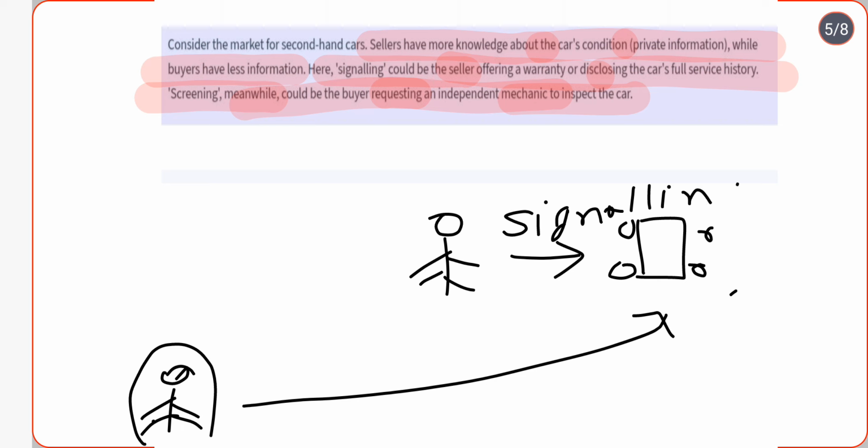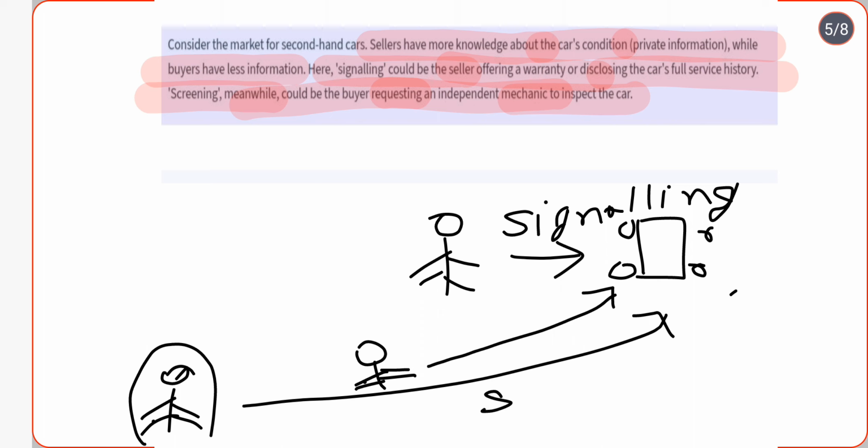Similarly, what can be the method of screening for the buyer, the person who is coming to take the car? The method of screening can be requesting a mechanic to inspect the car. He can say that he will bring a mechanic along with him, and the mechanic will inspect whether the conditions are proper or not.